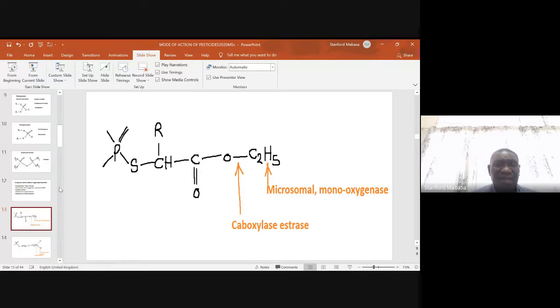Here I'll put a structure just to show you where the enzymes act. If you have this O and this ethyl group, a carboxylesterase, because there's an ester.